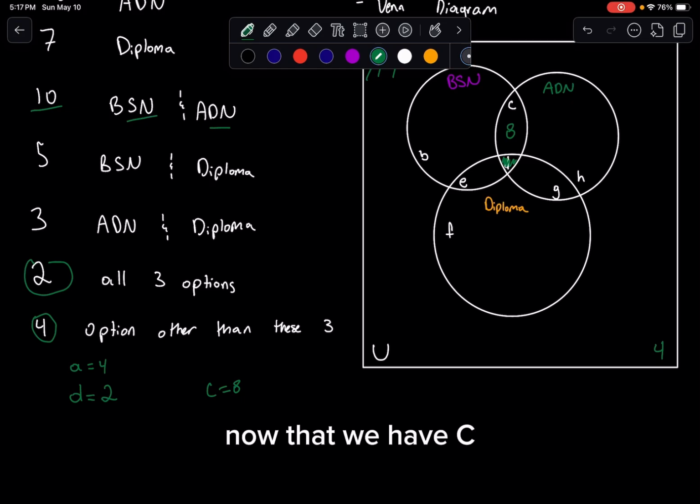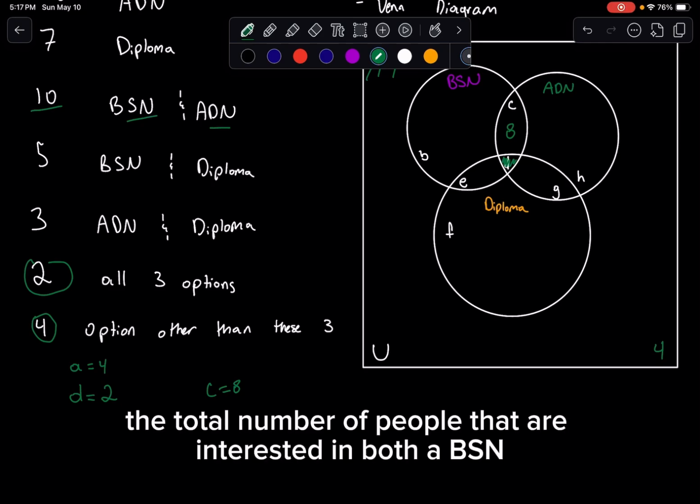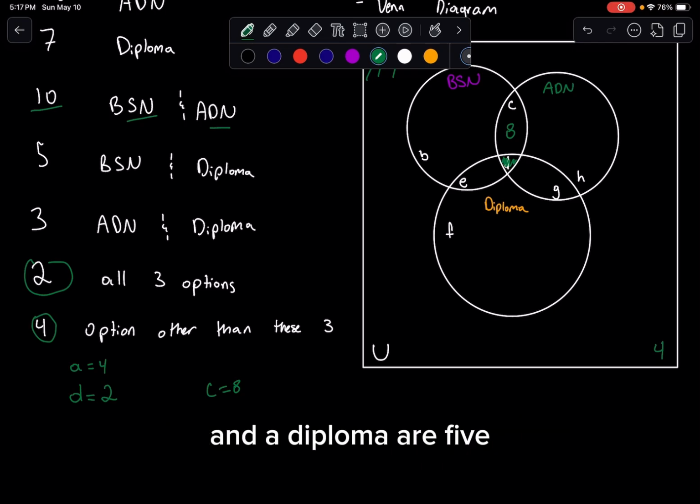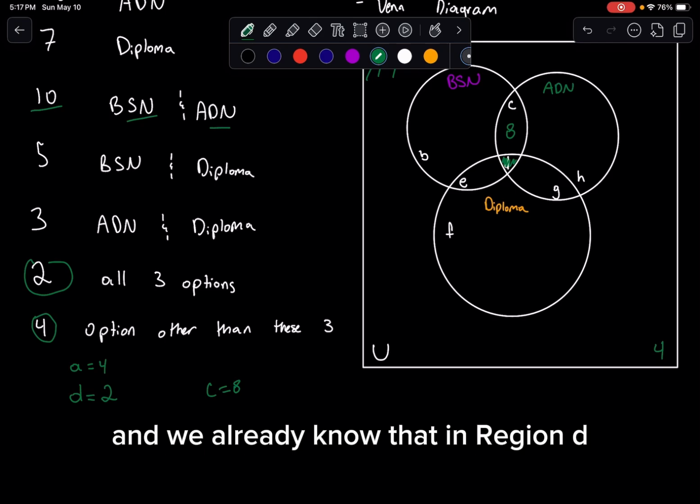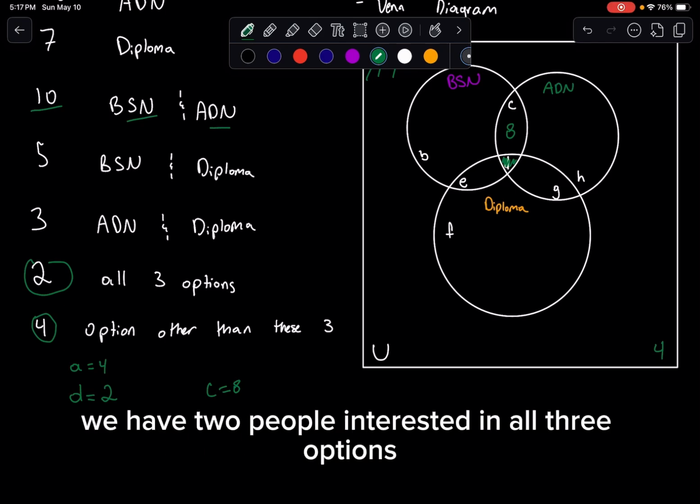Now that we have C, we could look at region E. The total number of people that are interested in both a BSN and a diploma is 5. And we already know that in region D, we have 2 people interested in all 3 options.